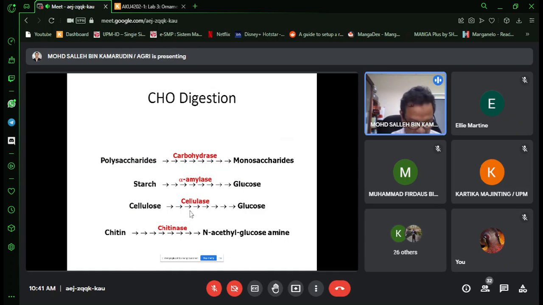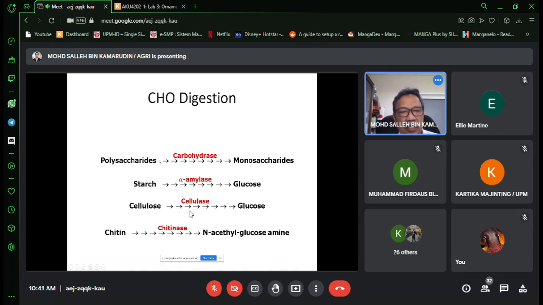Alright, that's we have learned the requirements. Kita kena tengok juga di digestion. Biasa saya tanya juga soalan tentang digestion ni. Especially saya tanya apa yang involved, what are the common enzymes that are involved in the digestion of carbohydrate.